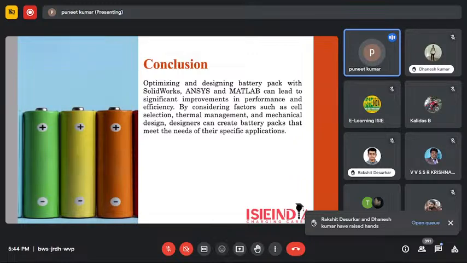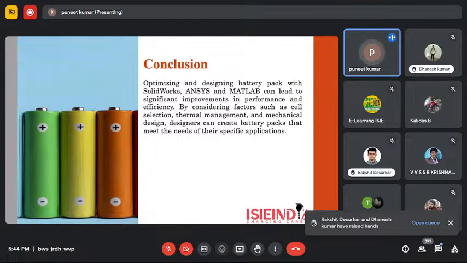So by these three factors, once you design and once you analyze, you can make your battery pack efficient, as well as increase its lifespan, as well as give your customer the belief that a thermal burn-in effect or something will not happen, because we are doing these at the back stage.